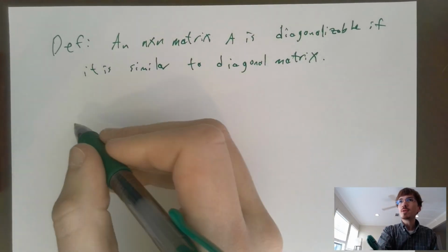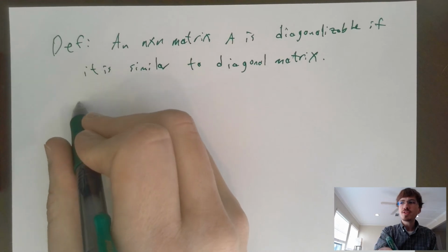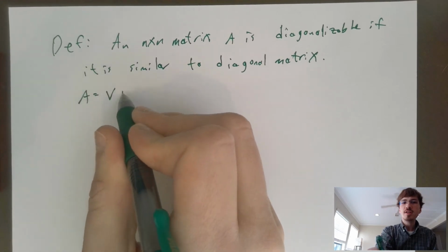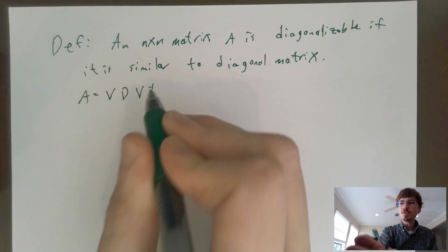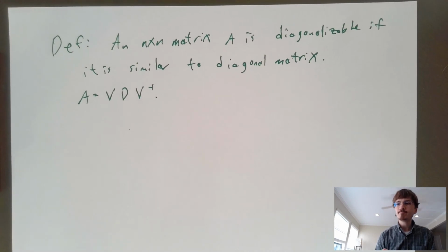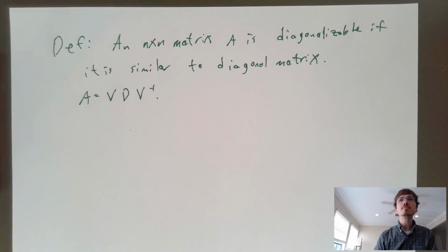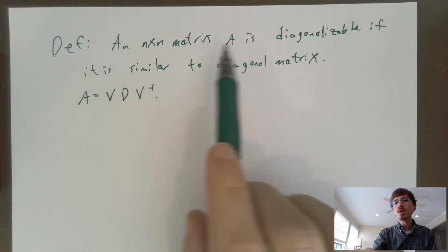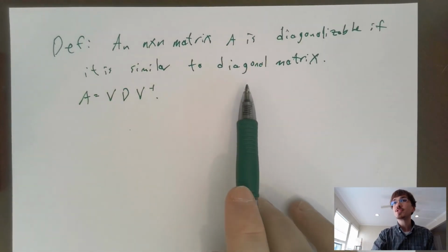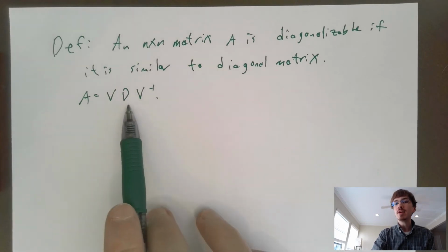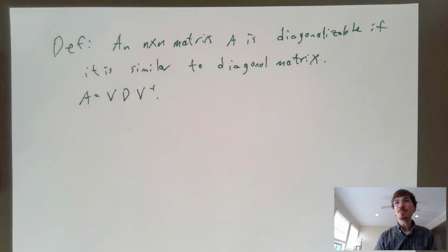So that means that there's some invertible matrix V such that A is equal to V D V inverse. And that's not so unreasonable. What it means to be diagonalizable is that you're similar to a diagonal matrix.